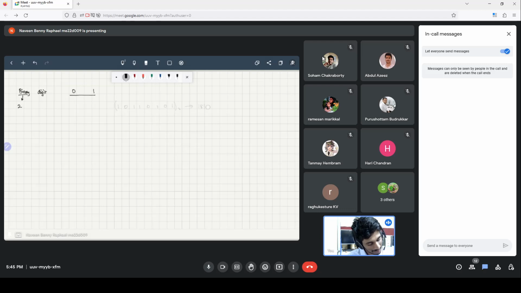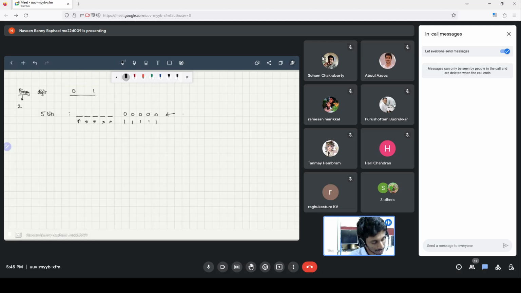So let's say we are using 5 bits. If you are using 5 bits, that means you only have 5 places to put zeros and ones. The smallest number you can put is 0, 0, 0, 0, 0. And the largest number you can put is 1, 1, 1, 1, 1.